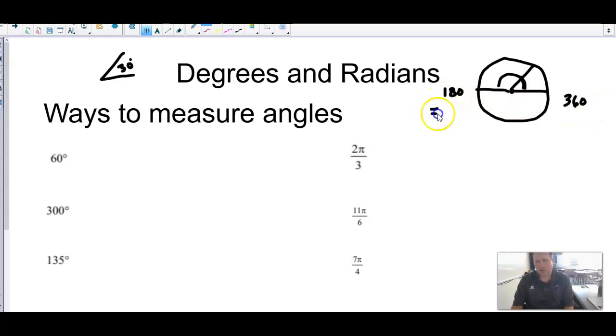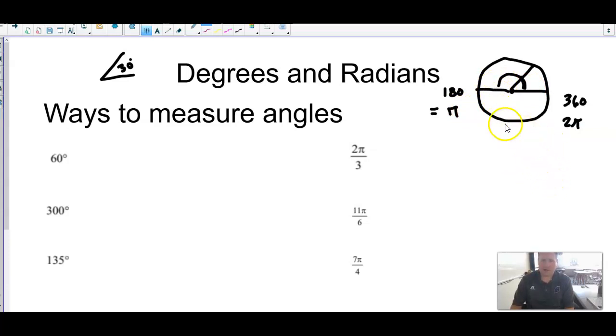180 is equivalent to pi radians, is what we call that. So that's like 3.14 radians, and obviously 360 would be 2 pi. So 180 is equivalent to 1 pi. Again, that's like saying I'm rotating it 180 degrees, which is 3.1415 radians.